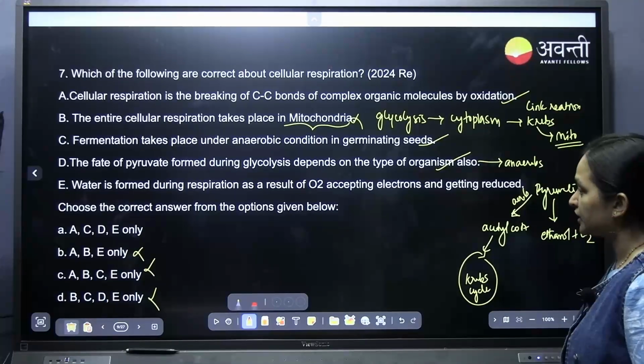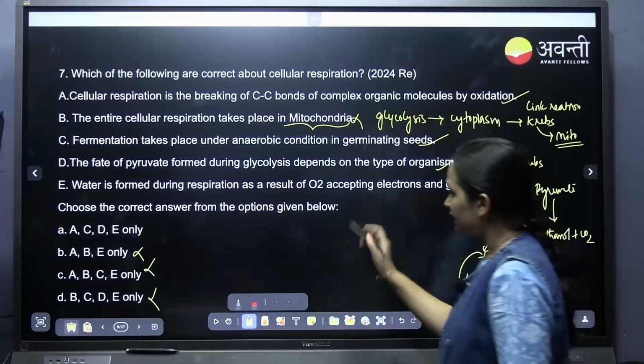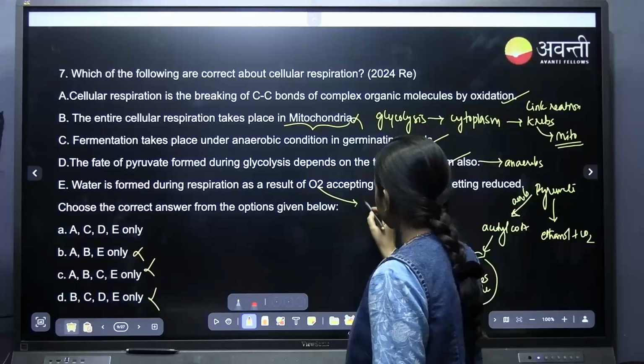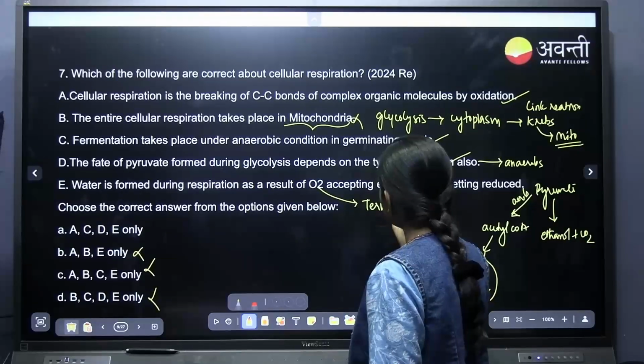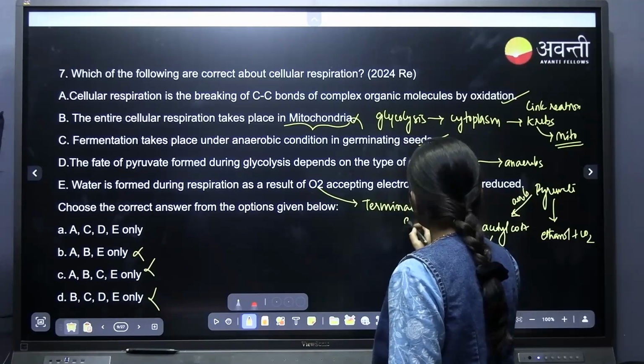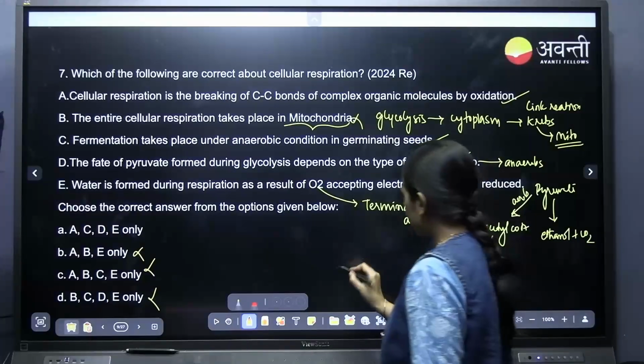Water is formed during respiration as a result of O2 accepting electrons and getting reduced. At the end, O2 is the terminal electron acceptor. What happens at the end?